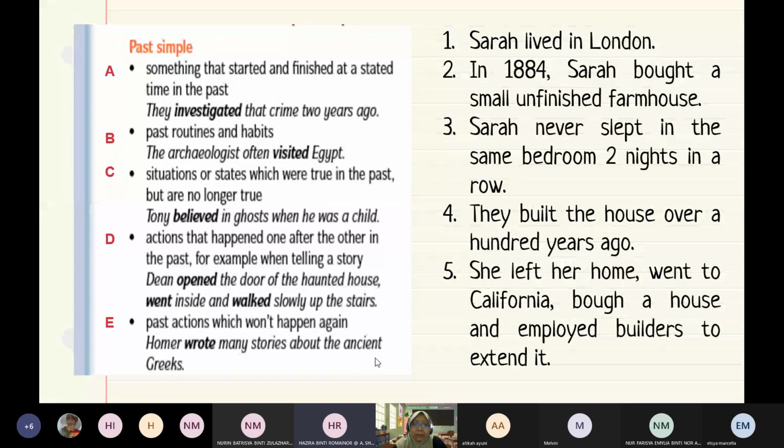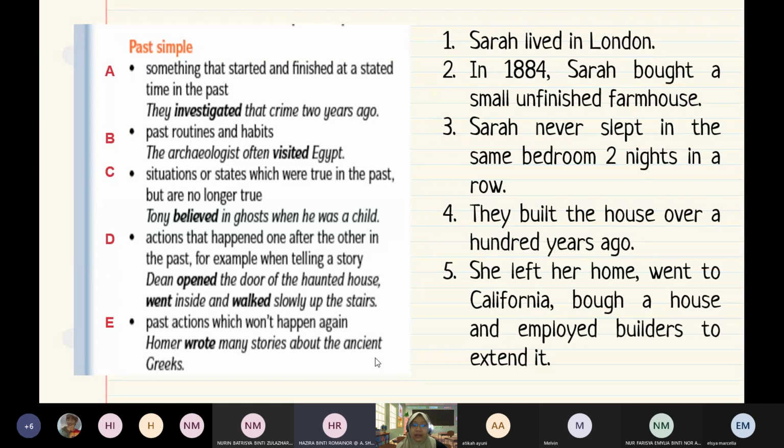Next one, for past routines or habits, that means rutin harian ataupun kebiasaan yang awak lakukan pada masa lepas. C, you use past tense for situations or states which were true in the past but are no longer true. Maksudnya keadaan ataupun situasi yang memang betul yang terjadi pada masa lepas tapi tidak lagi berlaku sekarang.